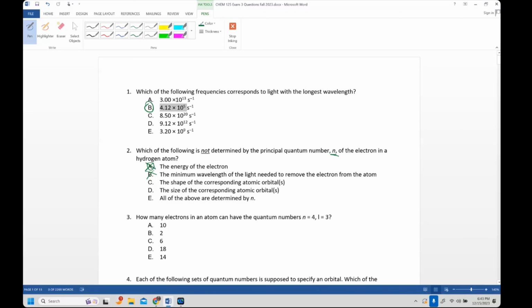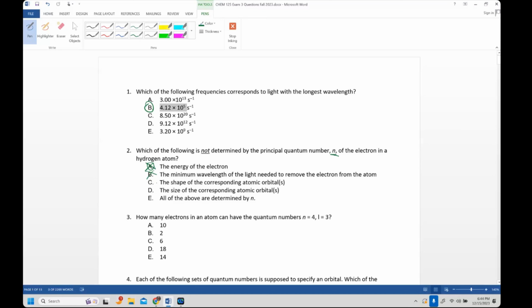The size of the energy level is determined, but not exactly the size of the orbital. This is a weird question, I don't like it, because C and D are technically correct. We don't need to know n to know what type of orbital it is, but n could help us narrow it down.